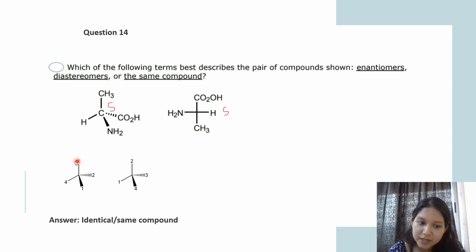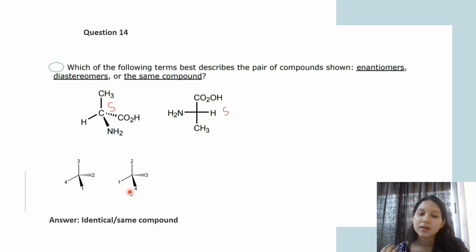Thus, if we exchange this pair and this pair, we will get 2, 3 here and 1, 4 here. Don't think that after exchanging both the pairs the compound will be different. It will always be the same compound.